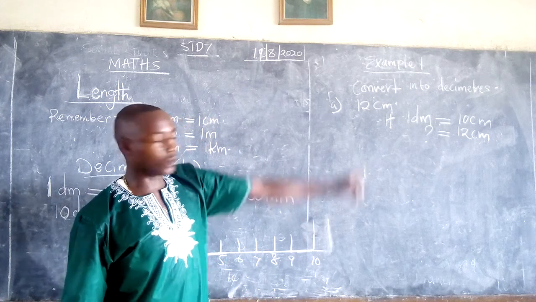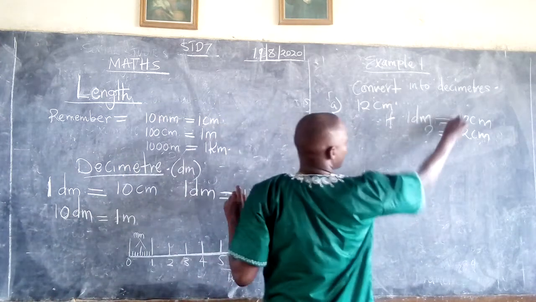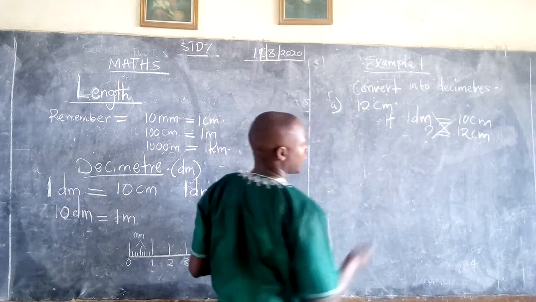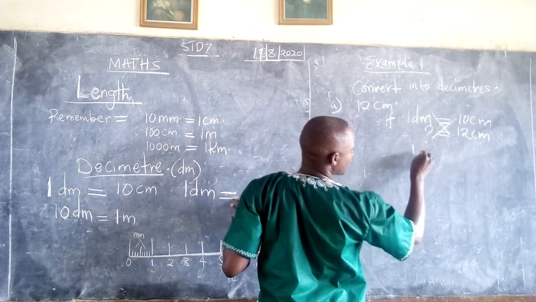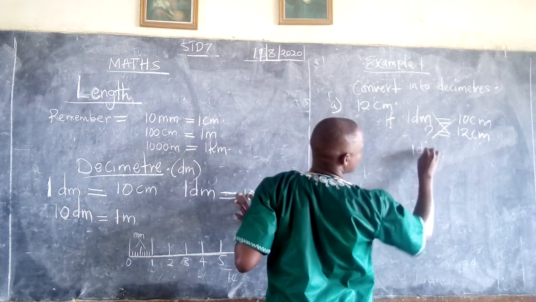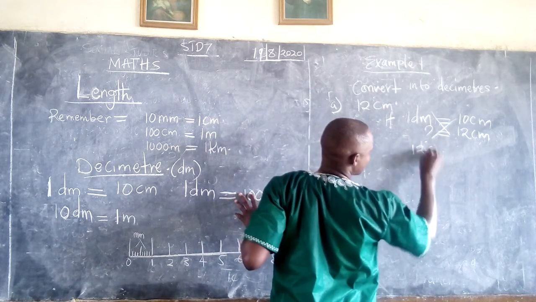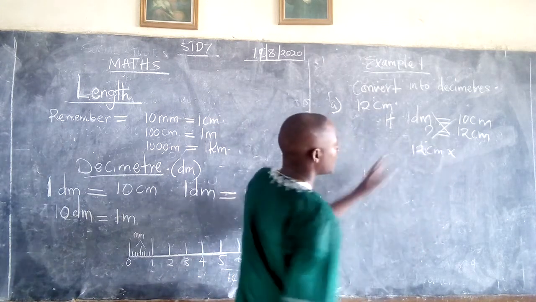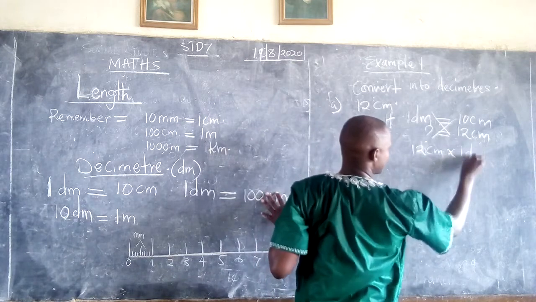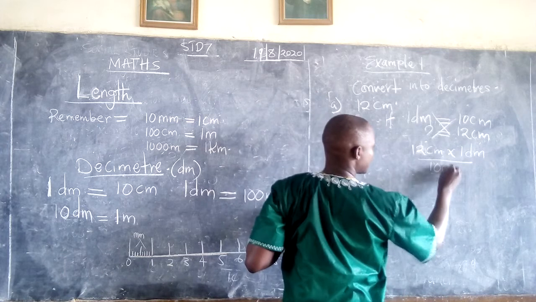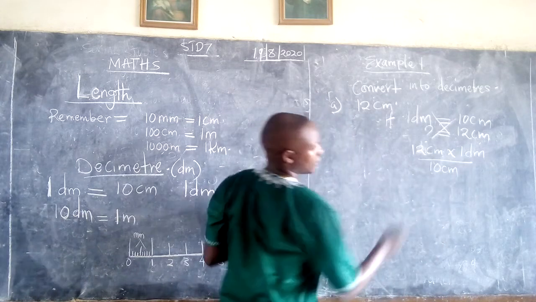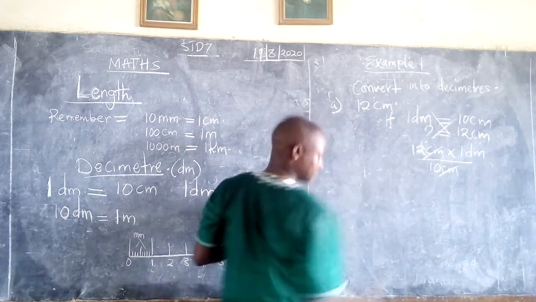Then from there, you cross multiply. We are going to have 12 centimeters times 1 decimeter over 10 centimeters. These centimeters will cancel.